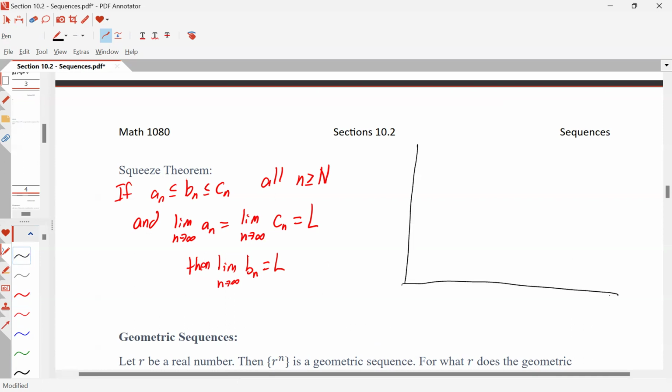Picture-wise, this is very intuitive, very much something that makes sense.